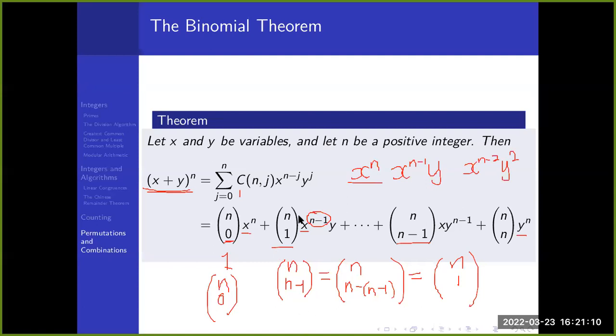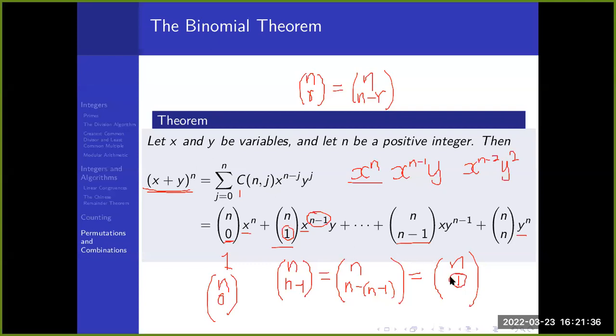The formula we're using here was that we saw earlier that if you have n combination r, this should be the same as n combination n minus r. So that works. So here we are picking n minus 1 x's, but it's the same as picking 1 y.